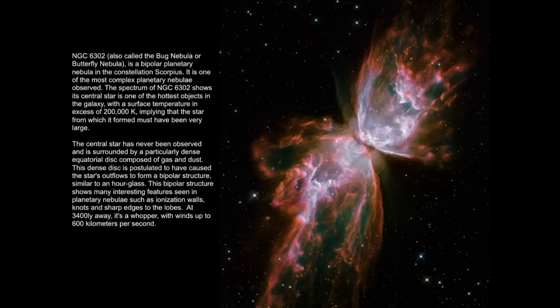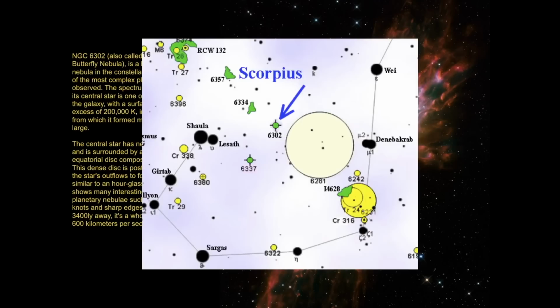Winds at 600 kilometers per second, with a white dwarf that would ionize everything within light years of its location. And that's actually one that can be seen in the sky if you know where to look in the constellation Scorpius. So it's better if you're in the southerly locations, or in the southern hemisphere, to take a look at it.